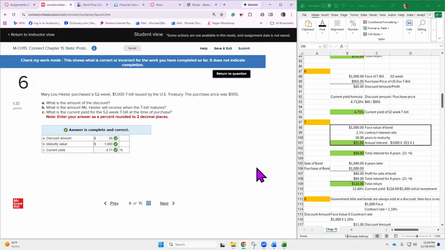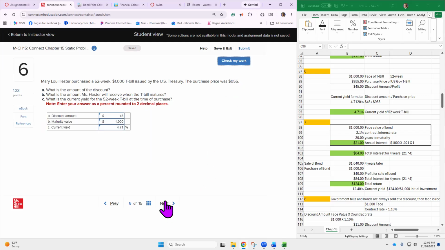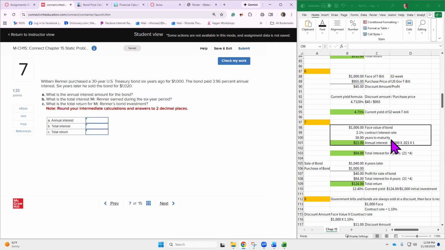It's yielding 4.71%. We now have 4.71% more money than we did, right? So you always have to go by the amount you invest. That's the kicker for the denominator of figuring that out. Number 7, where are we at?